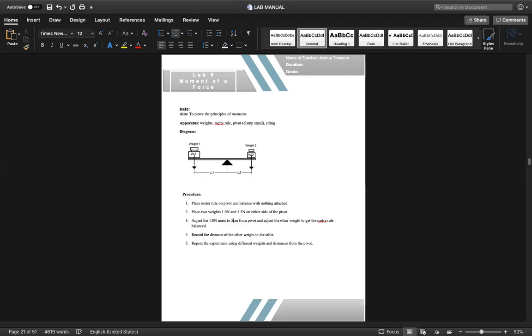And for 1 newton it is 1.5. 1.5 newtons. Let me change it as well: 1.5 newtons to 5 centimeters from the pivot and adjust the weight. So is that it? Any more corrections? No, sir. All right, so take a picture of this and send it in the group for me.